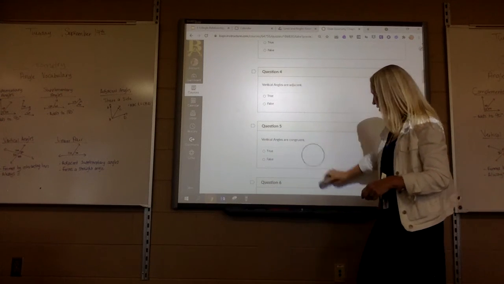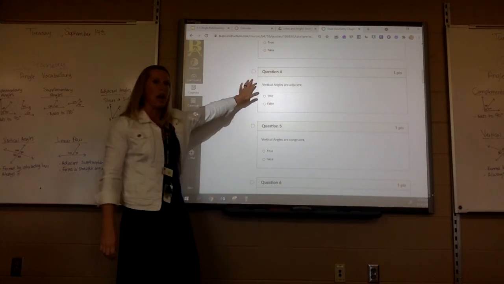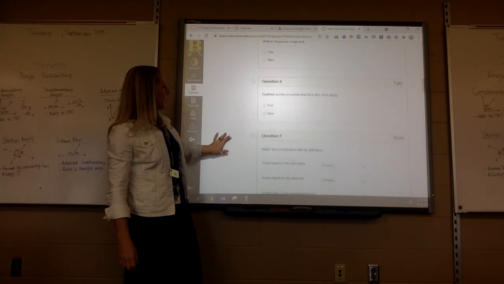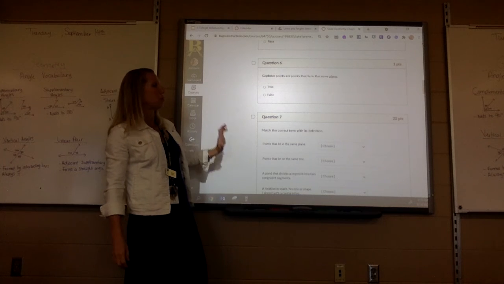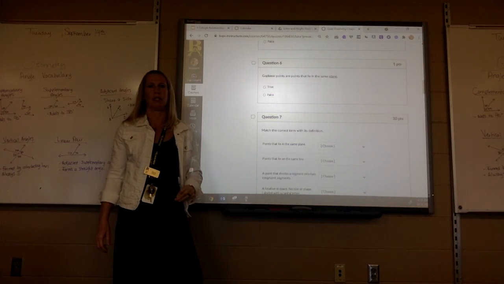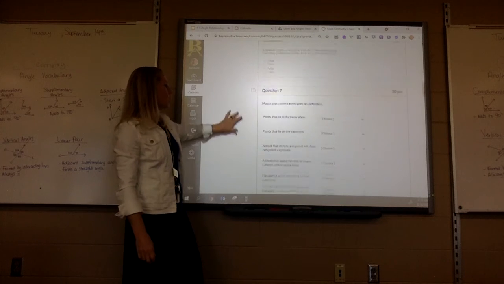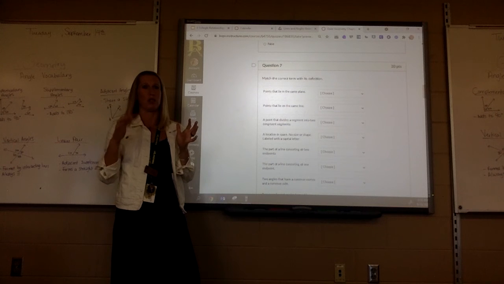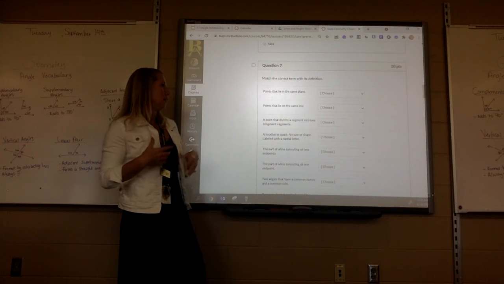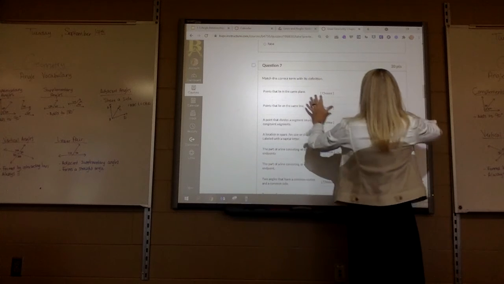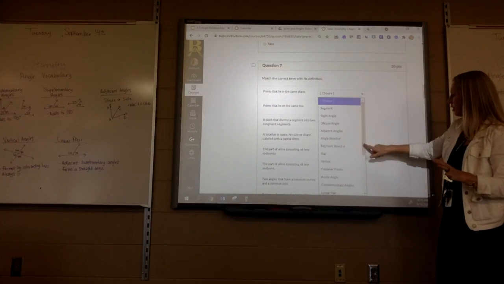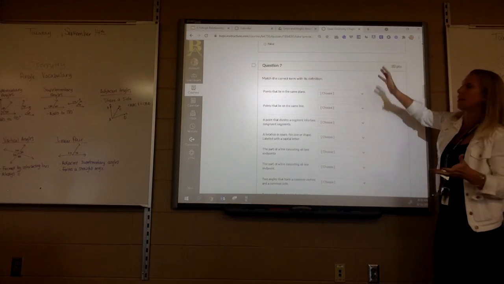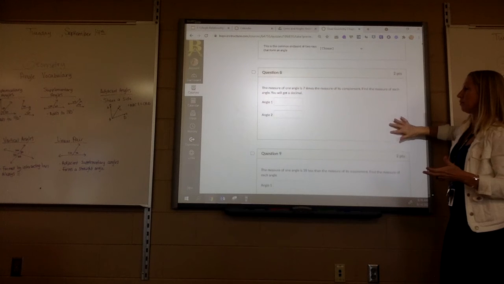Vertical angles do equal each other, but they are not adjacent, and I believe that's on your test. You have to know they're not adjacent. And then coplanar points are points that lie in the same plane. Yes. You're gonna have all these definitions. There's a big drop down, and the answers don't disappear when you use them. So points that lie on the same plane, you have to know is coplanar point. So that's the one you would pick. But you can come back to that later, like if you want to do all the actual problems first.